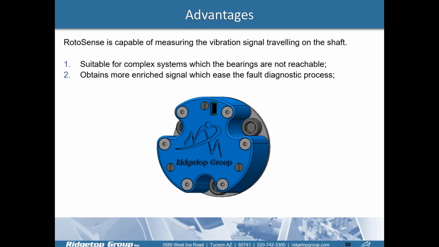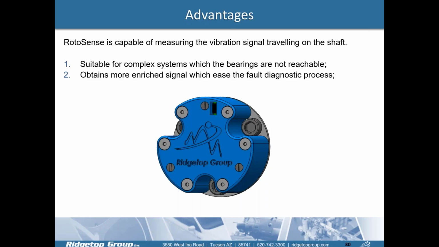So if you want to access that and mount the accelerometer and record the data, we have to dismantle everything. But if we use this accelerometer, we can just simply mount it on the shaft coming out of that system and just check if everything is working well or not. So it's very good for complex systems where the gears are buried inside.